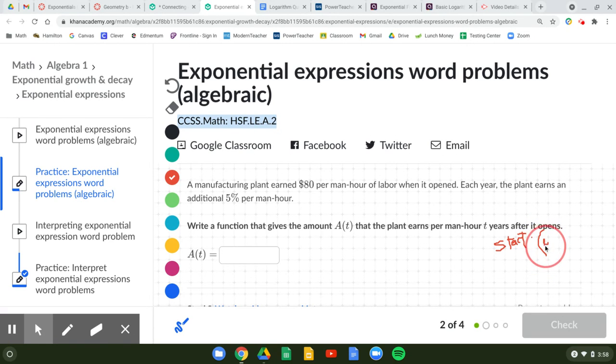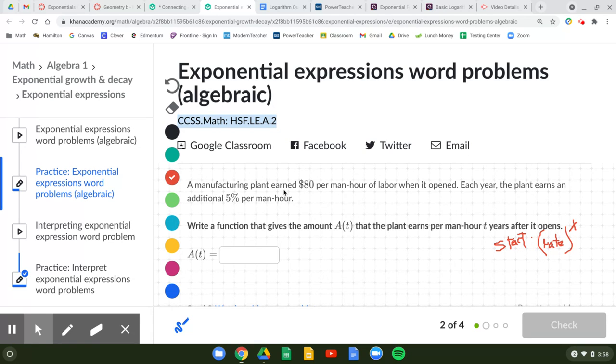Pretend like that's an R. Sorry, this is taking so long. Rate, and the exponent goes up here. All right, so that's the general format, not hate, rate. Start times rate to an exponent.